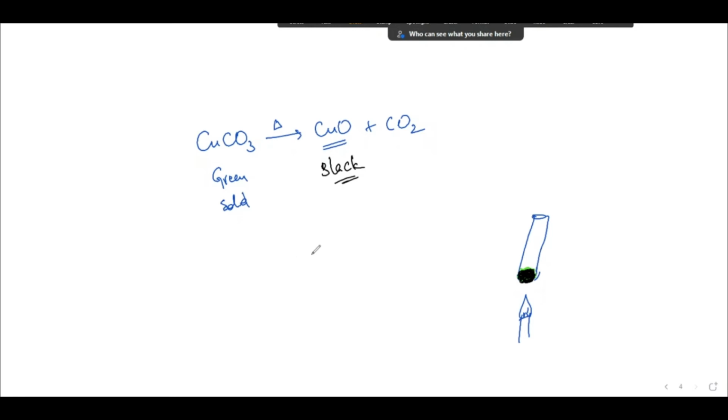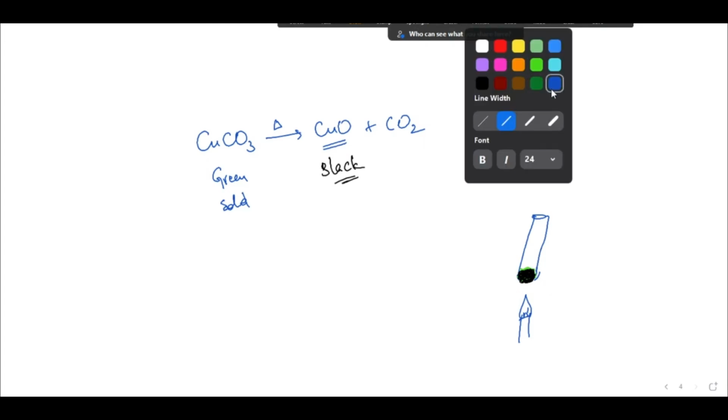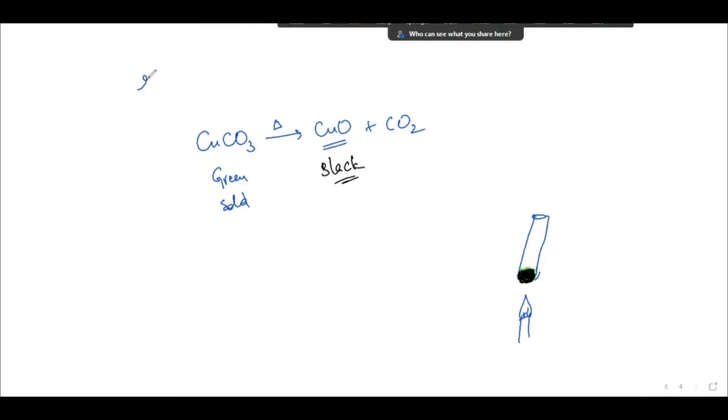So the color is changing. Here what do you see? Change in color. So the second indication may be change in color. If there is a reaction taking place, it may show you a change in the color.